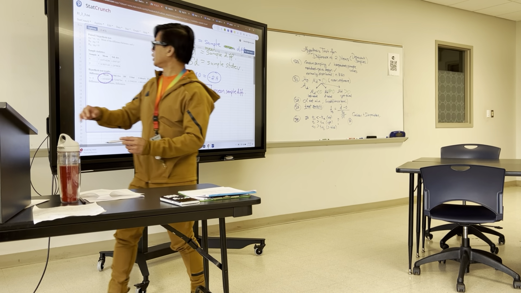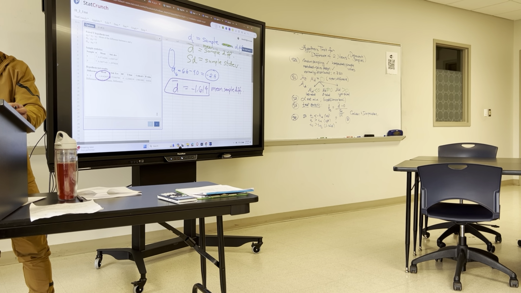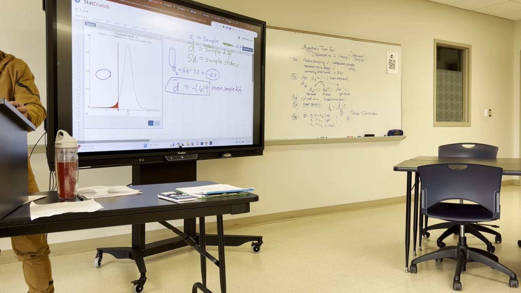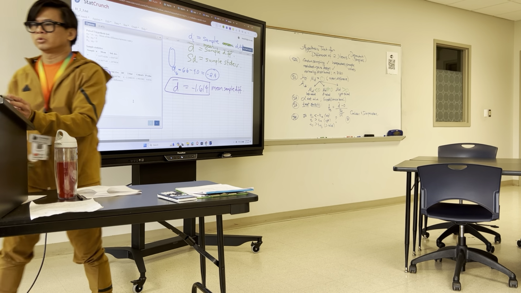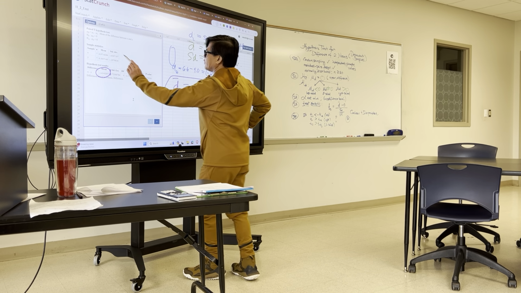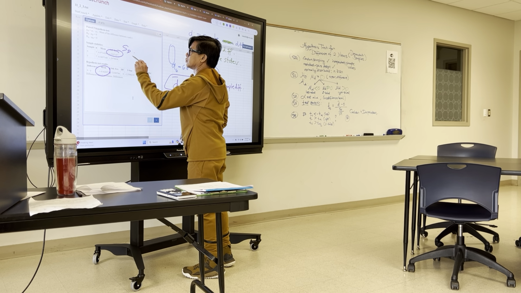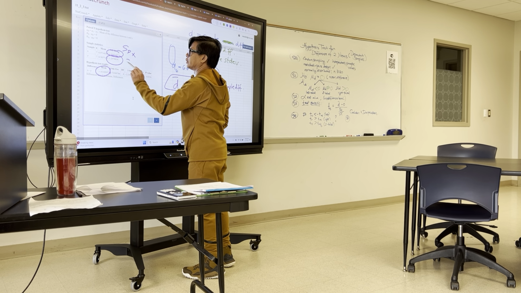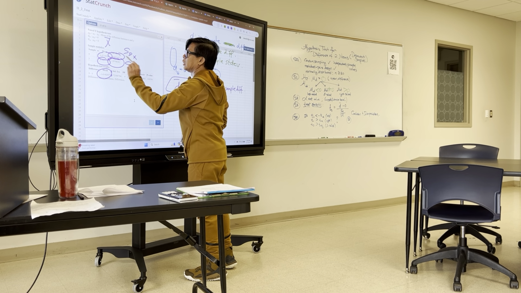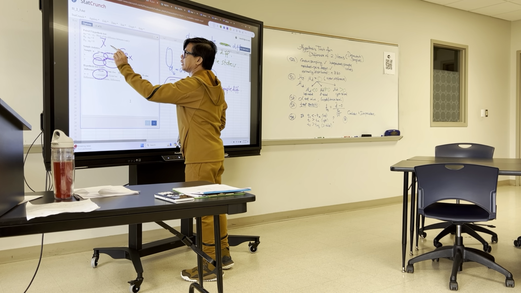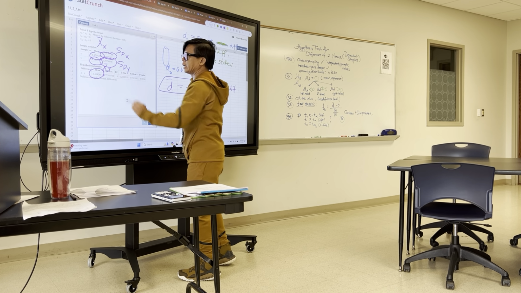Let's click on the other one. As you may notice in here, we have the standard deviation for the X and the standard deviation for the Y. We also have the sample mean for the X value and the sample mean for the Y value.